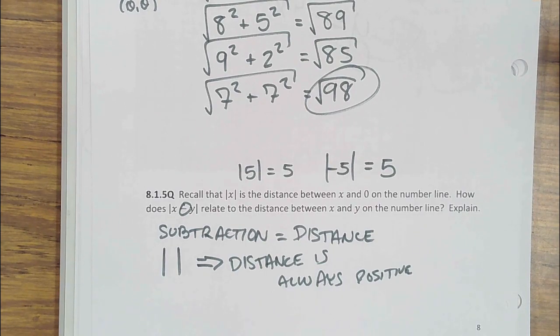That's it. That's why the absolute value of x minus y is going to get you the distance between x and y. Because distance is subtraction. Of course, distance always needs to be positive. Doesn't matter whether x or y is bigger. It'll come out positive because of absolute value.